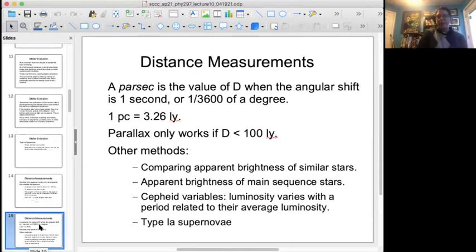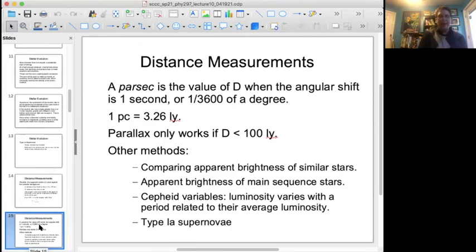We don't really have the means of measuring using parallax beyond a 100 light year distance. So we need to use other methods to figure out the distance to other stars. You can compare the apparent brightness of stars that seem to be very similar to each other, such as main sequence stars.